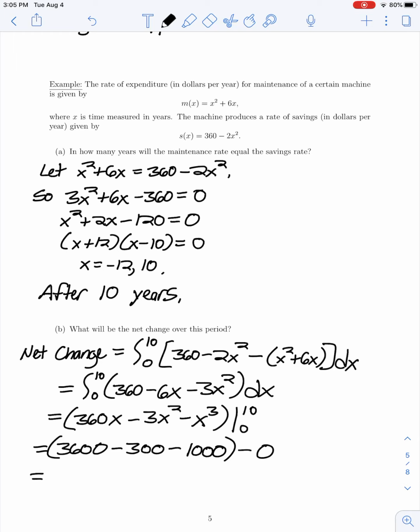So we're left with 3,600 minus 1,300, which gives us 2,300, measured in dollars here. Okay.